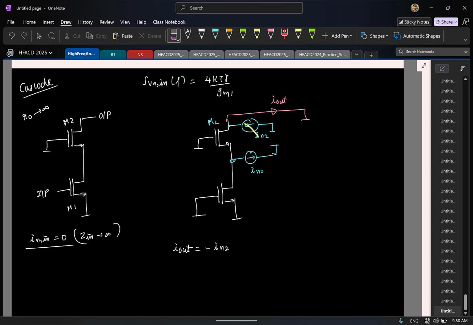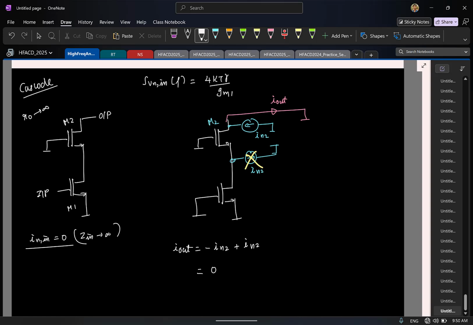Now let's look at the top current. This I'll ignore now. How much of the top current will flow through the output? Plus IN2. The entire current will prefer flowing through the short circuit. So what is the total current now? This is an important property you should remember for Cascode.